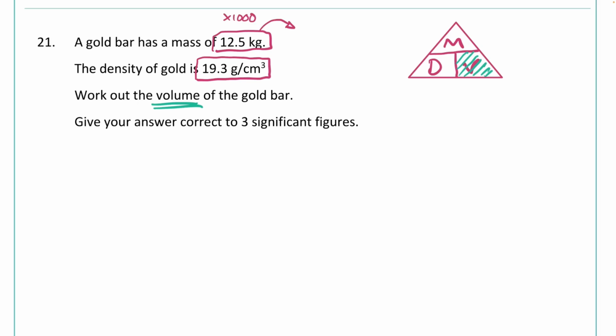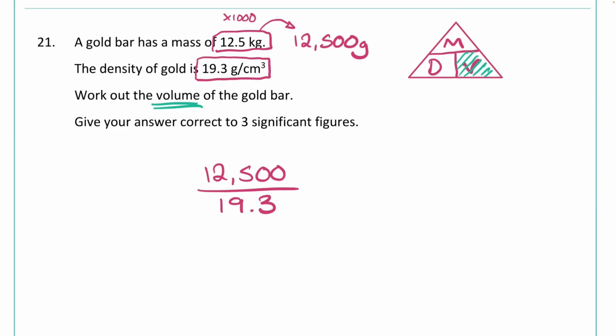Again, not forgetting kilograms is 1,000 grams. So there we go, 12.5 times 1,000, which we can type in on the calculator, is 12,500 grams. If we then put that into our division, we'll have 12,500 grams divided by 19.3.